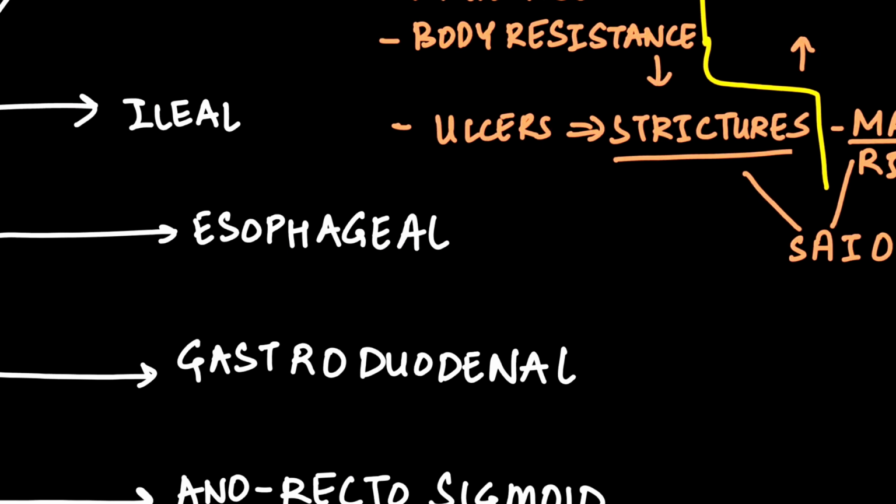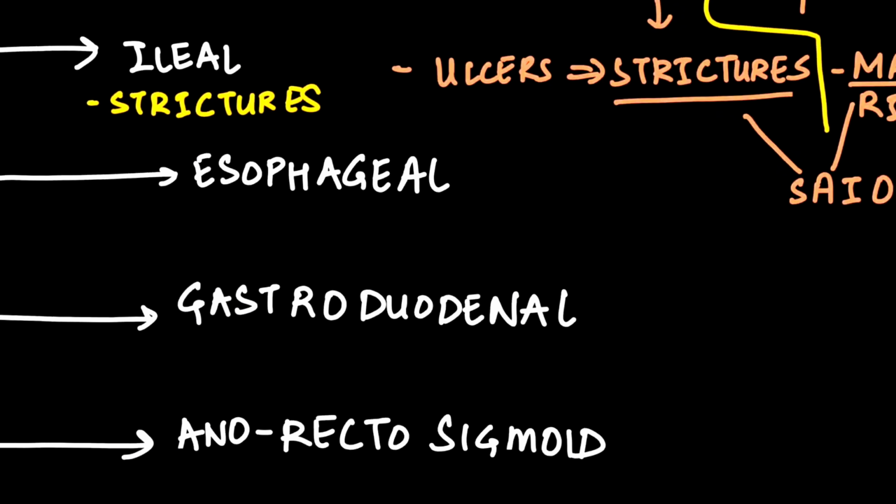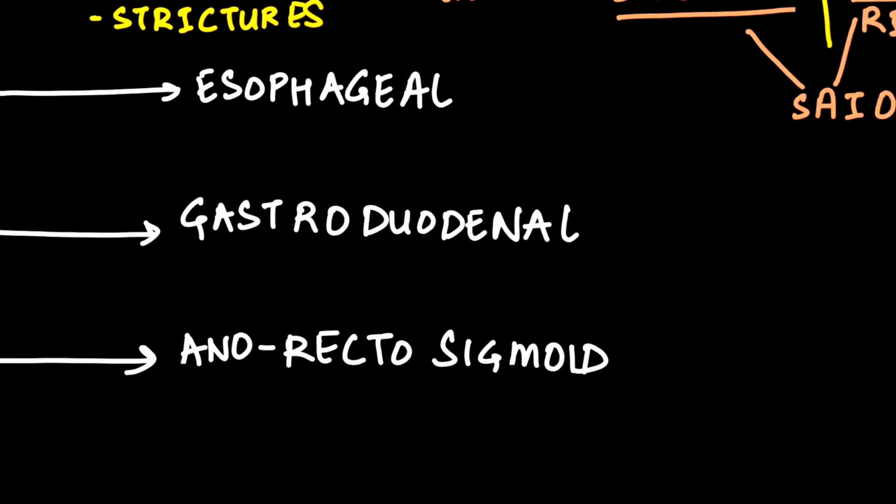Next, moving on to the ileal tuberculosis. Ileal tuberculosis is usually of stricturing type. We see multiple strictures in the terminal ileum, and the patient usually presents with intestinal obstruction. Patients may also present with perforation, but it is rare. So next, moving on to the esophageal tuberculosis.